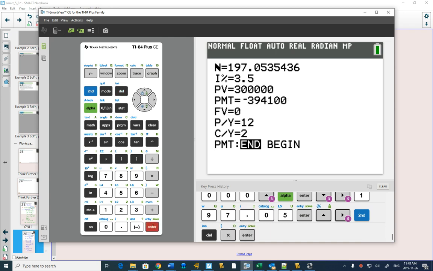Okay, so there, increase your payments to 2,000. The interest rate didn't change, but you decided to put more money against your house. The earlier you put more money against your house, that extra $500 a month will save you $56,000.